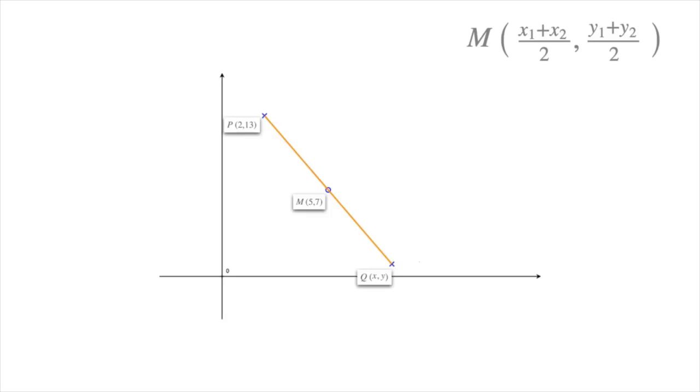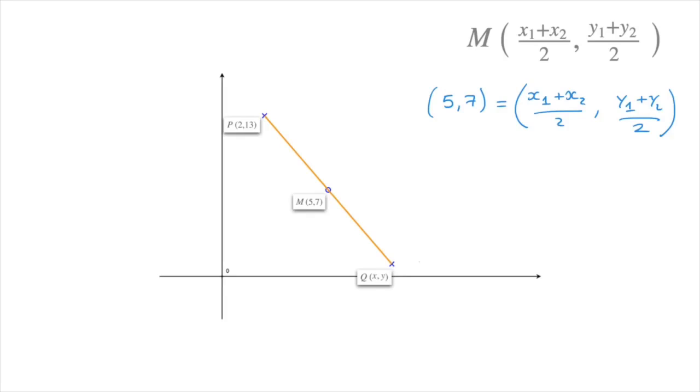So we can go ahead and write (5, 7) equals ((x1 + x2)/2, (y1 + y2)/2). Furthermore, since we know that the endpoint P has coordinates 2, 13, we can also replace, say, x1 and y1 in this formula by 2 and 13. If we wanted to, we could have chosen to replace x2 and y2 by 2 and 13.